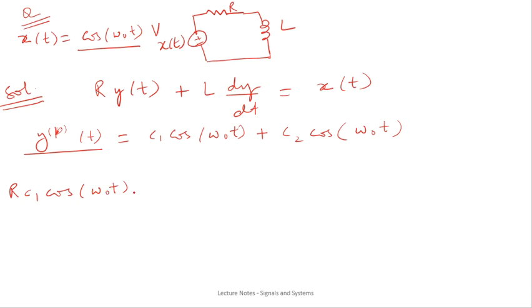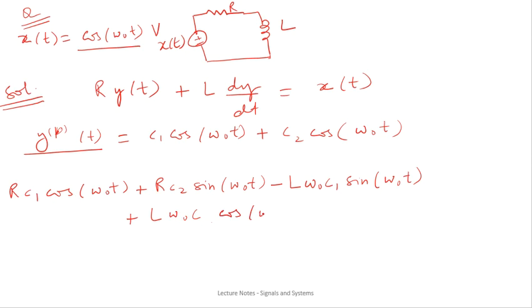That will become R C1 cos omega naught t plus R C2 sin omega naught t minus L omega naught C1 sin omega naught t plus L omega naught C2 cos omega naught t equals cos omega naught t.